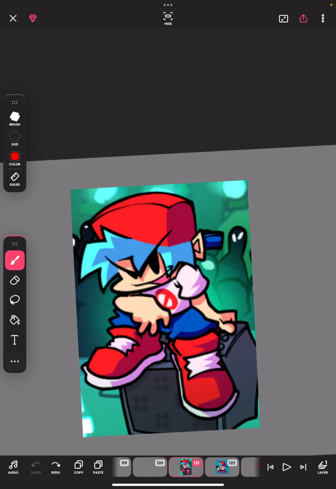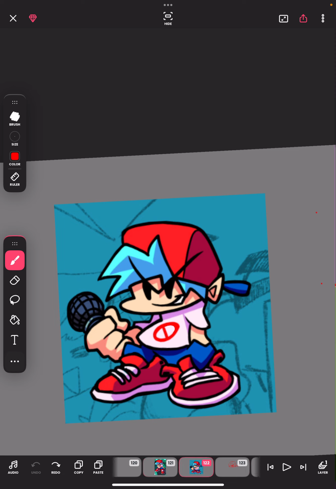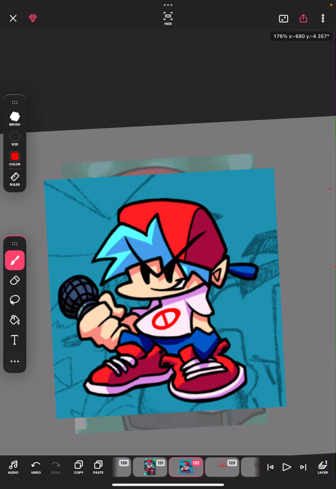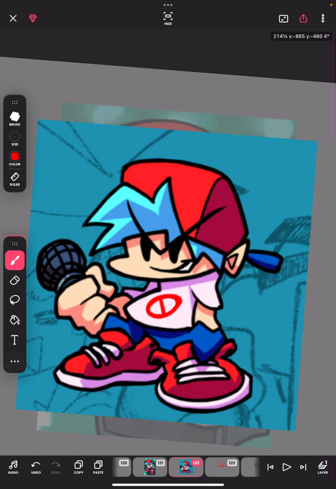Don't add your original things. I mean, you can, but if you want to be authentic, I would recommend you stick to what Phantom Arcade has drawn, and move certain elements of different drawings to make your own. Right? That's what I suggest you do.